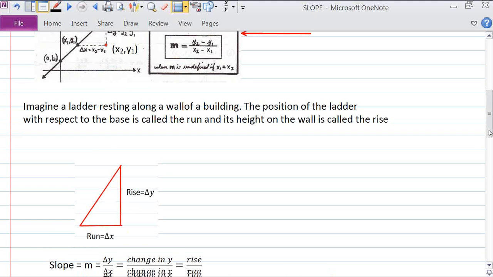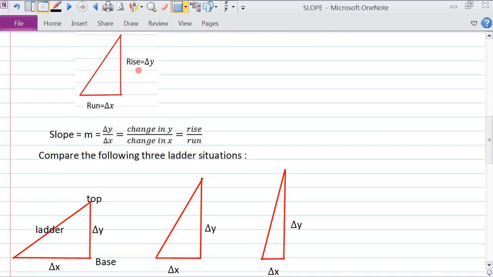Then one way of looking at the slope is that it is this delta y, which is the top of the ladder, bottom of the building, so how far along it lies on the building, and this part would be how far the bottom of the ladder is to the base of the building.